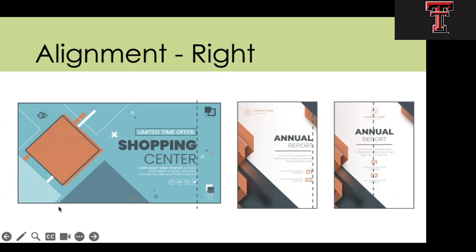The squares are on the tip, making more of a diamond shape. But the designer was very clever because notice how the text is going in kind of a diamond shape as well. So you can kind of see how the right alignment can really be a dynamic feature in a design.